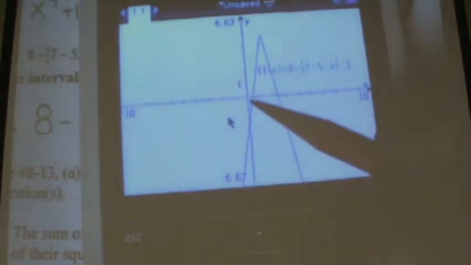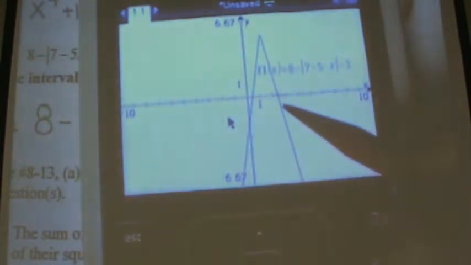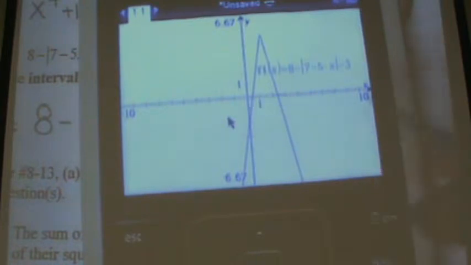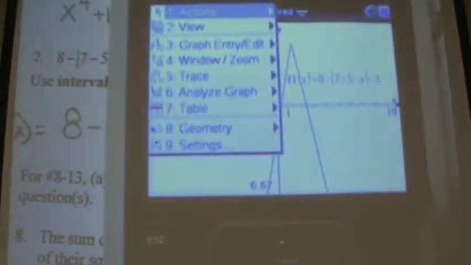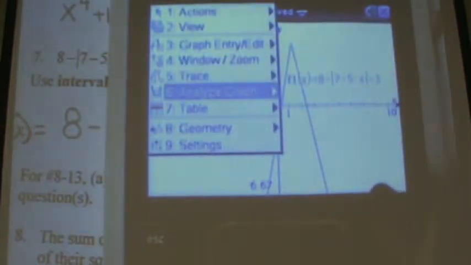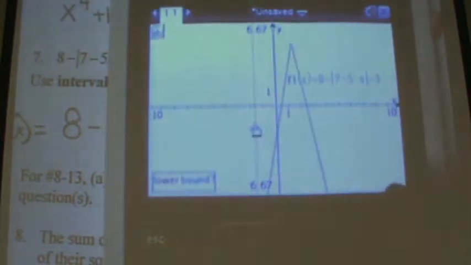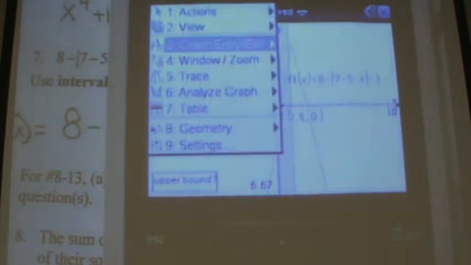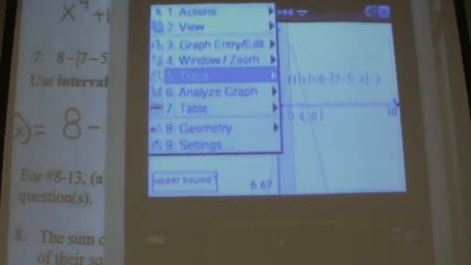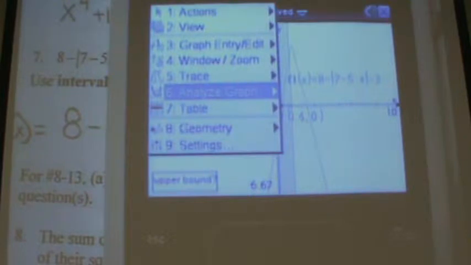I want the x-intercepts, these 2 numbers. And how do I get these 2 numbers? You go to menu, you go to analyze graph, and you go to 0. And it's between here, there's one of them, 0.4. And then the other one, menu. And I could have done it like you did before in the middle, but I didn't think of that.